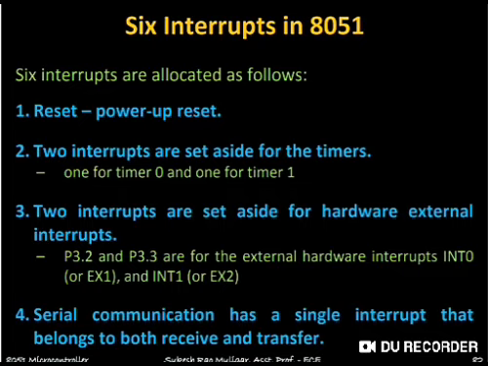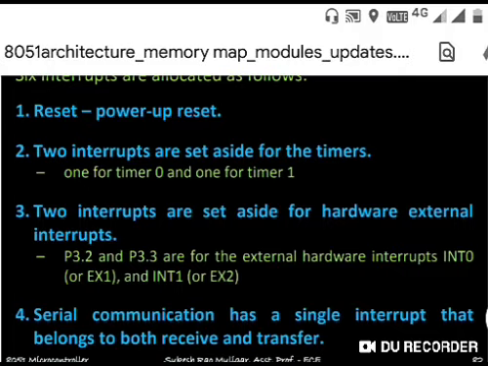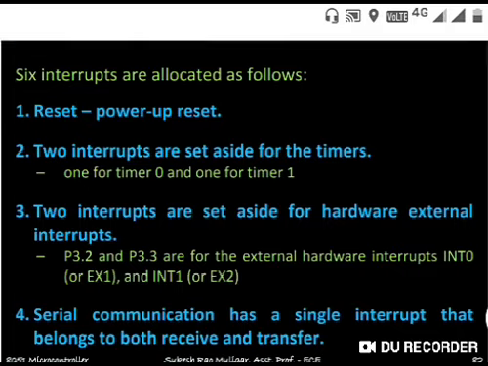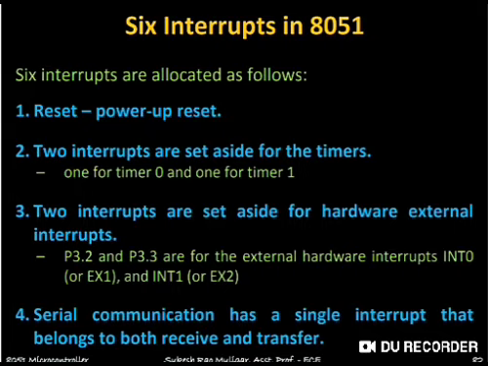Another two interrupts are called hardware interrupts, which are separately mapped to IO pins, port 3.2 and port 3.3. These are the external hardware interrupts, named INT0 or external 1 and INT1 or external 2. These two external interrupts can be used for any general purpose operation.